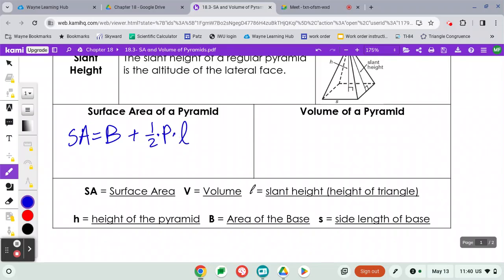Now, what does that L mean? We have not seen this yet, so pay close attention here. L. If you look at these, we have four triangles, right? So we know the area of a triangle is 1/2 base times height. But if you put it back into a pyramid, do you see how the height of one of these sides, when I put it here, it's like this. It's slanted.